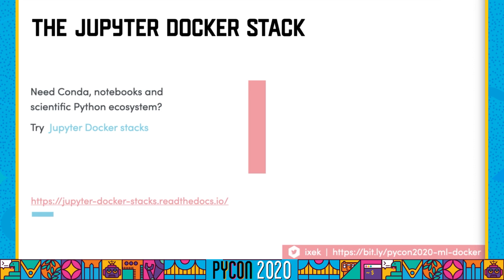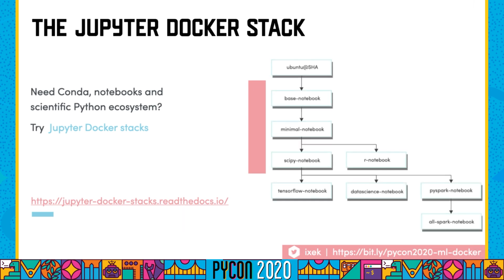Creating a Docker image from scratch can take a very long time. So if you find that you're going to be needing Conda, Jupyter Notebooks, and in general the scientific Python ecosystem, which is more than likely to occur for data science and machine learning, use the Jupyter Docker stacks. The Jupyter community has already put a lot of effort into building these containers and images. They all start from an Ubuntu-based image, and they layer one on top of each other.